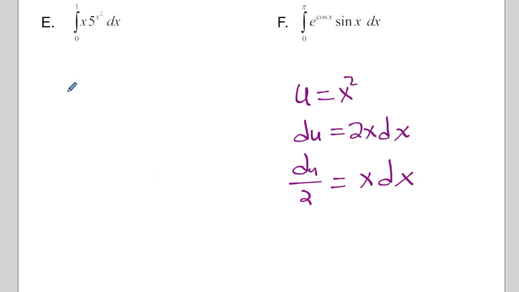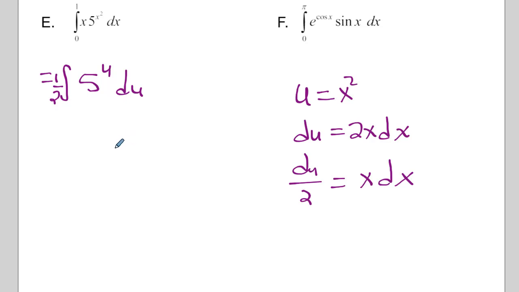All right, so I can rewrite this then as the integral of 5 to the u, and then I'm going to do a 1/2 outside of my integral du, okay, for my x dx.